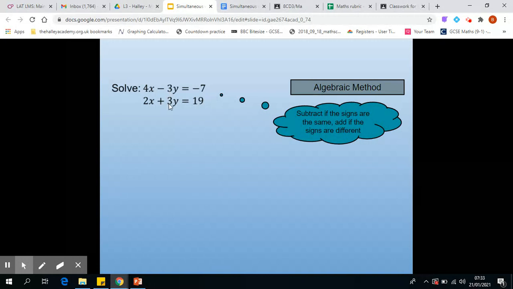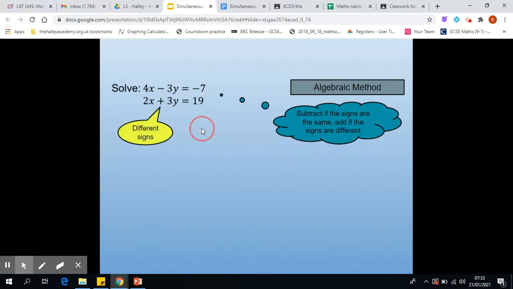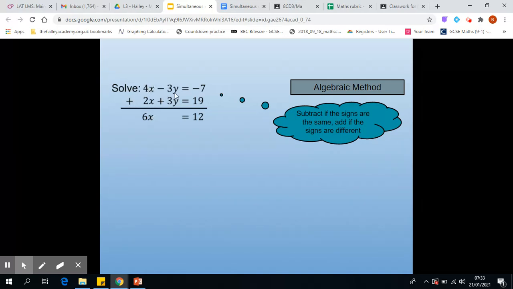Notice here the coefficients of y are the same. However, one is take away, one is add. They have different signs. If I just add the equations, 4x add 2x is 6x, and minus 3y add 3y cancel each other.